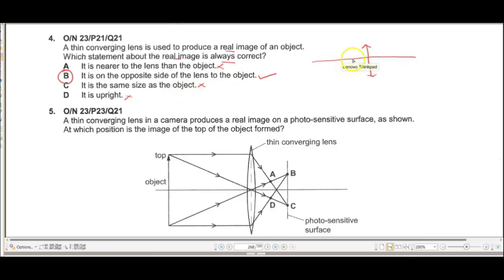When the object is between f and 2f, its image is beyond 2f and is enlarged. So this necessarily is not true. And it is upright, this is also not necessarily true. It can be inverted and still be a real image. So B is the correct option.